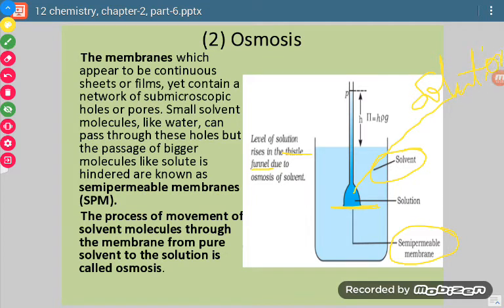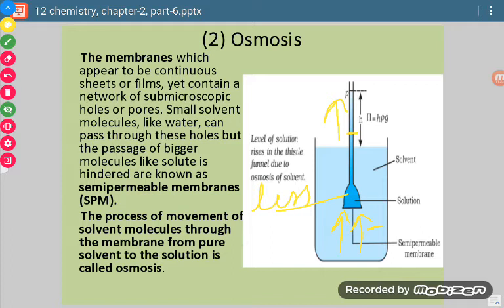Now when we do so, there is more concentration of solvent outside, and inside there is less concentration of solvent. So solvent molecules will start moving from the pure solvent to the solution, and suppose its height was this much in the beginning, it will start increasing because of the movement of solvent molecules inside.